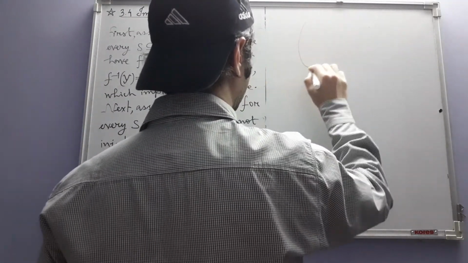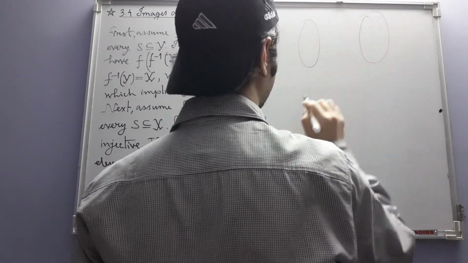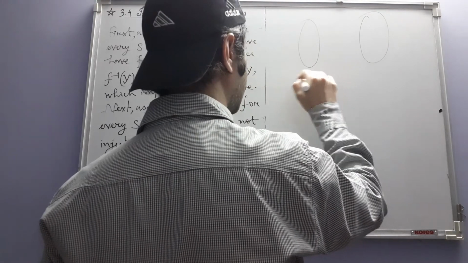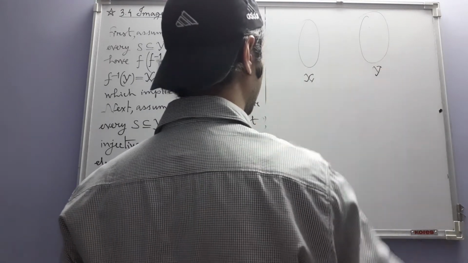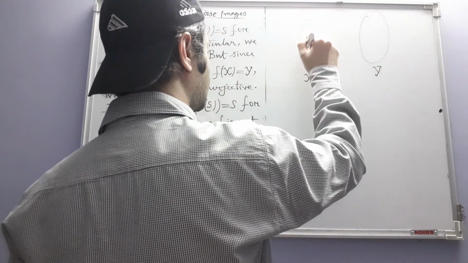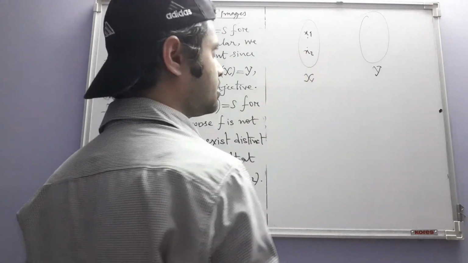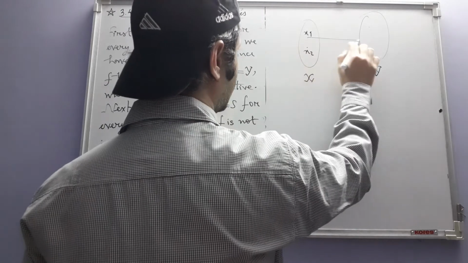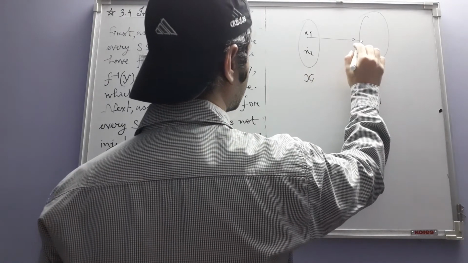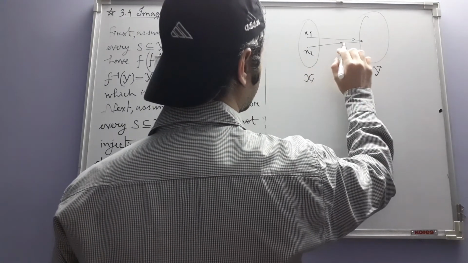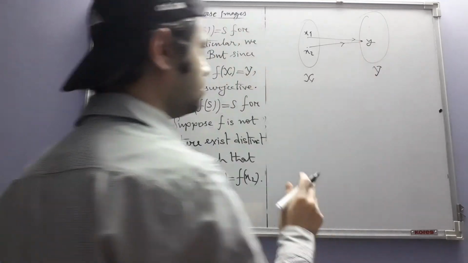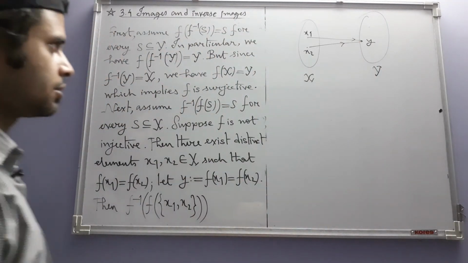So let us draw our familiar Venn diagram like picture. This is our X, this is Y. x1 and x2 are two distinct elements in X and they are being mapped onto the same element y in Y by the function f.